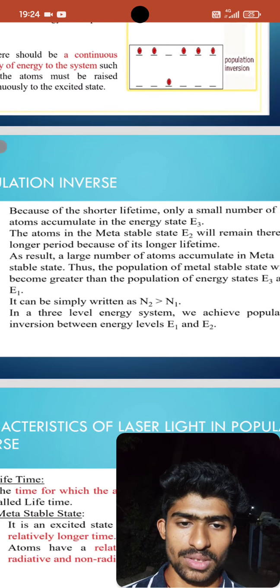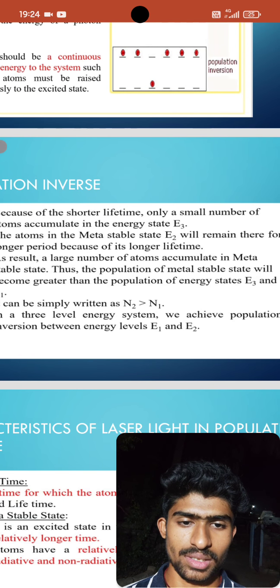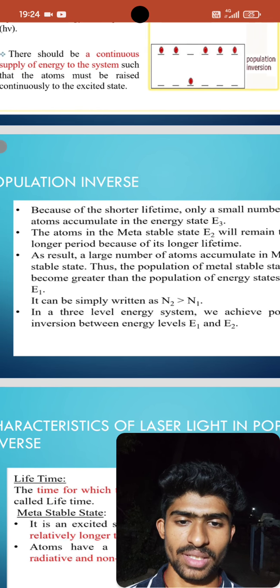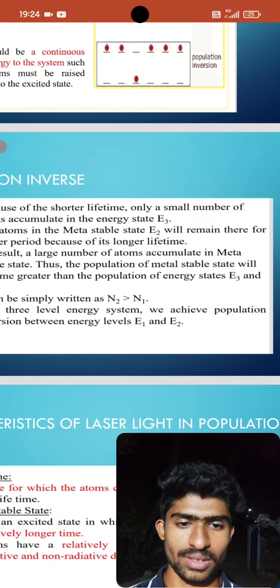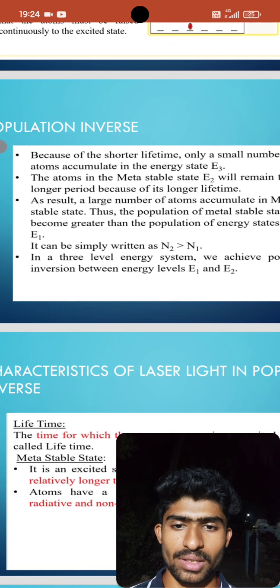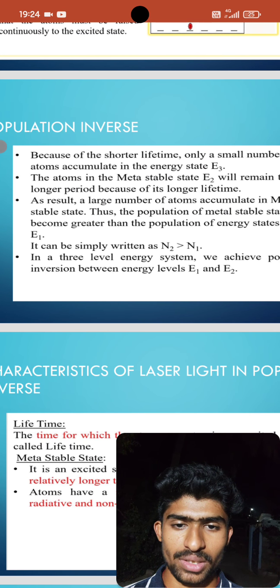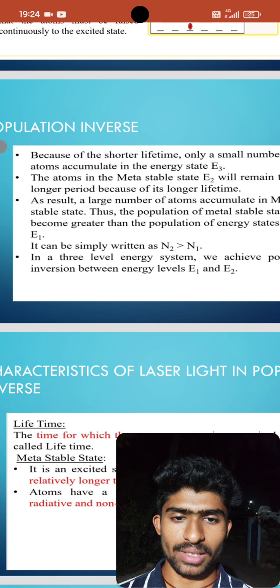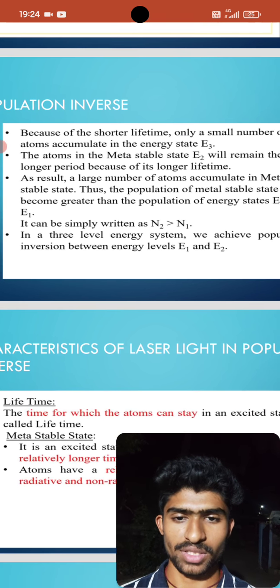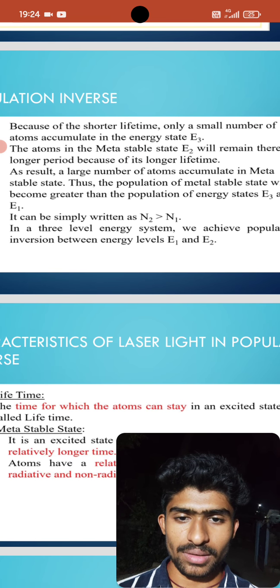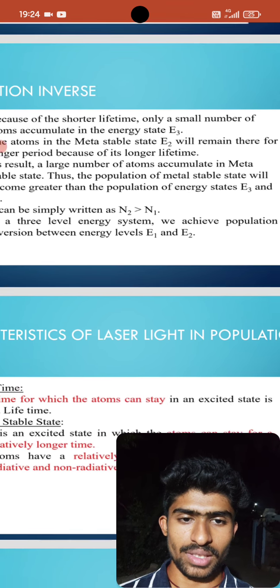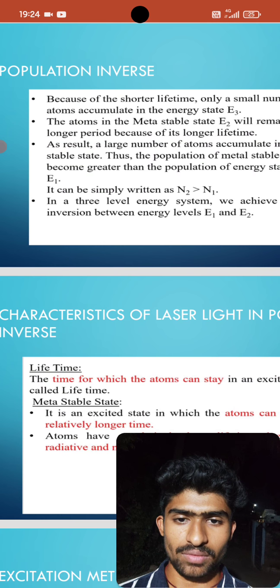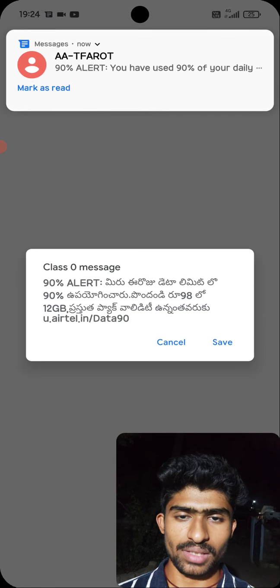Thus the population of the metastable state becomes greater than the population of the energy states E3 and E1. It can be written as N2 greater than N1, which is the population inversion main concept.